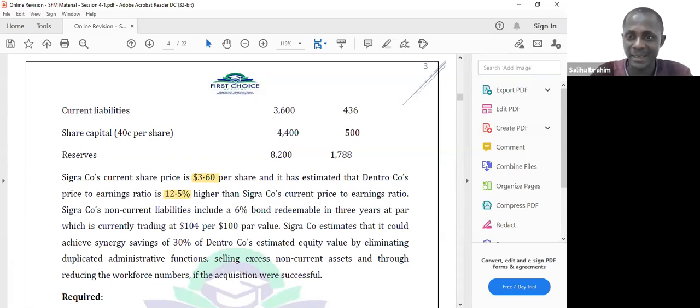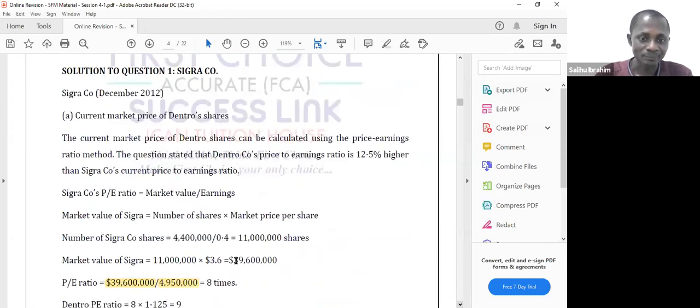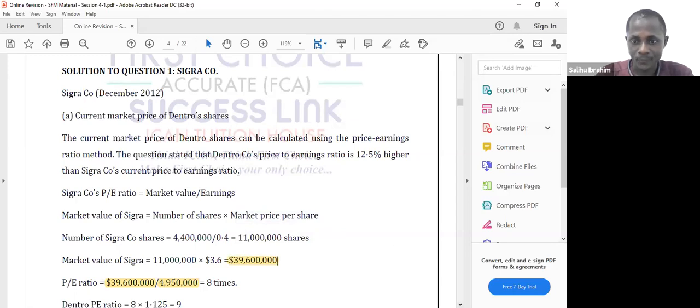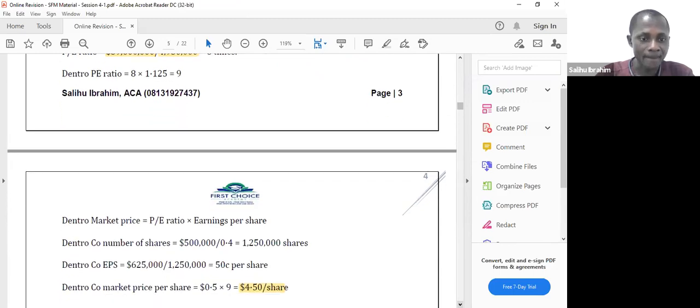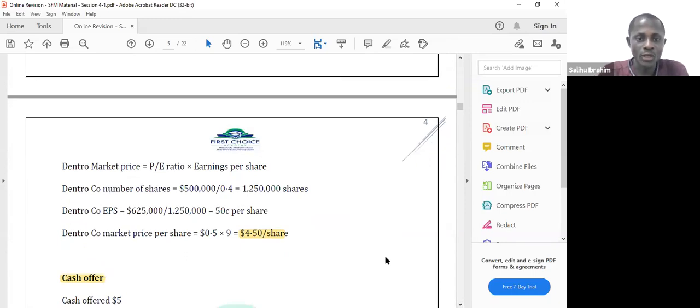Now, we have computed the market price here before. Let's go and look at it. This is the pre-acquisition market price of Sigraco. Then for Dentroco, it is 4.5 times 1,250,000, which is 5,625,000.